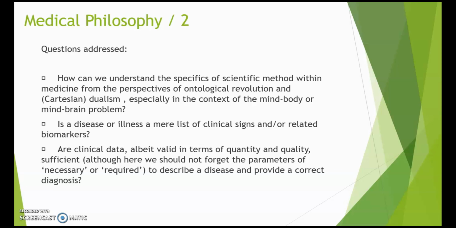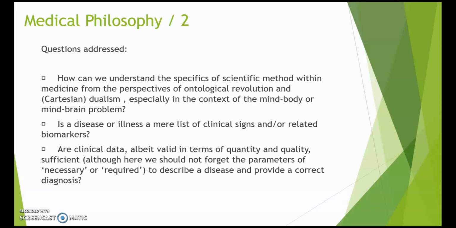Ontological revolution, namely the inner and outer criticism toward what is essential and what is valid. If you remember our discussion of medical terminology, ontological has to do with the study of being, right? So onto plus logical, right? And dualism in our context, the dualism between mind and body or mind and brain, okay?